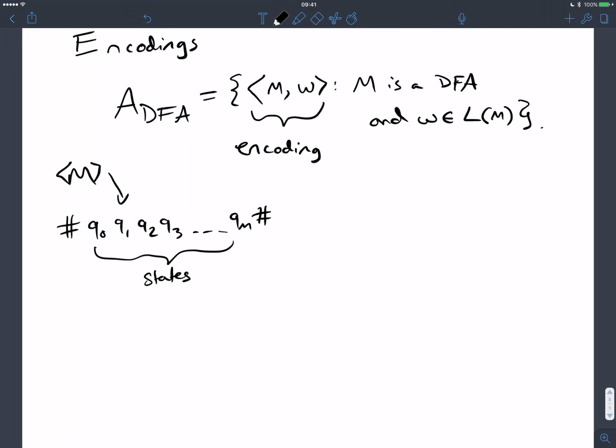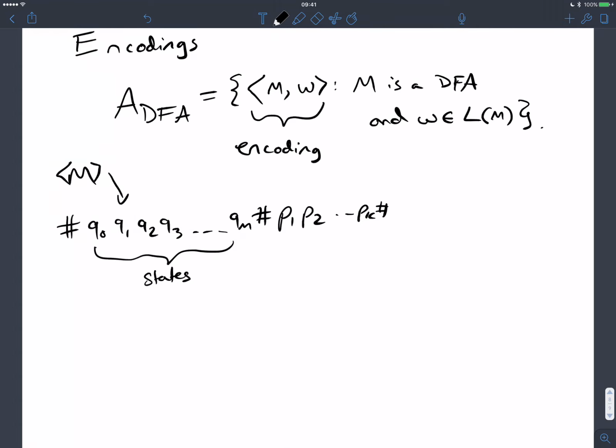If I want the encoding of just M by itself, then for a particular example I have states followed by symbols, P1, P2, up to PK, which are the symbols in the input alphabet.